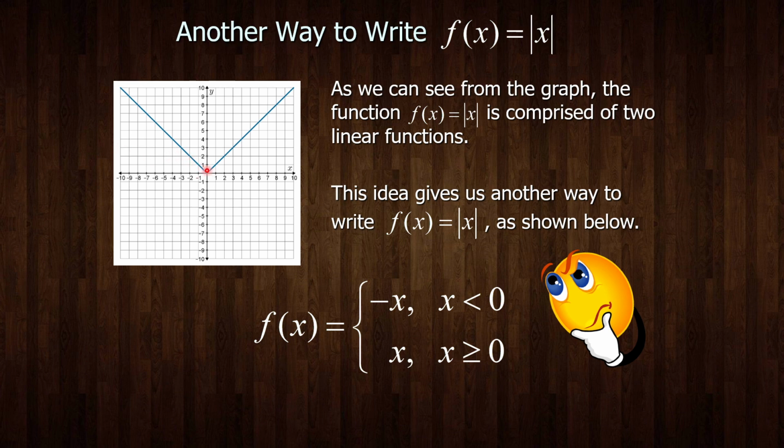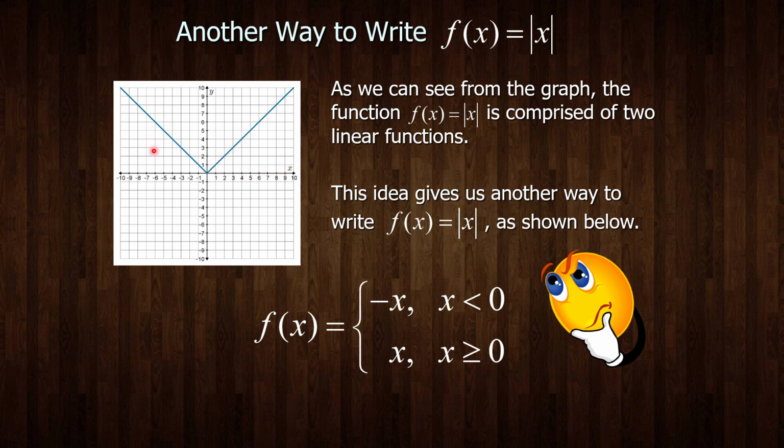What function do we have right here? What is the equation of this line? Well, notice it's got the points 0, 0, 1, 1, 2, 2, 3, 3. The x value and the y value are always the same for points on this line. This is the line y equals x. Now, when do we have the line y equals x? Well, whenever we're using positive x values, we get the line y equals x.